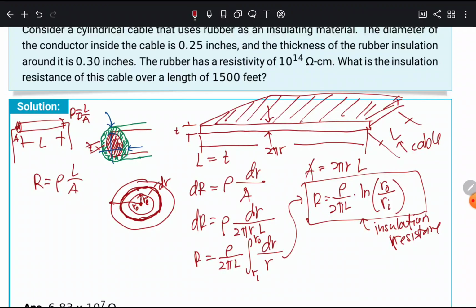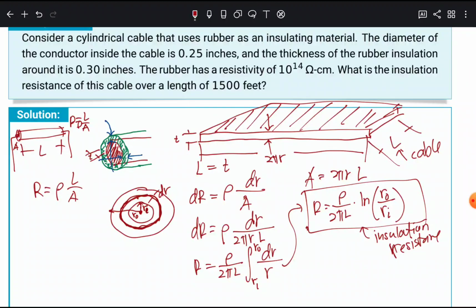And we can apply this formula in this problem because we're given the resistivity, we're given the length, and we're also given the inside diameter, and the thickness is given. If we solve for the outside, we just add 0.3.